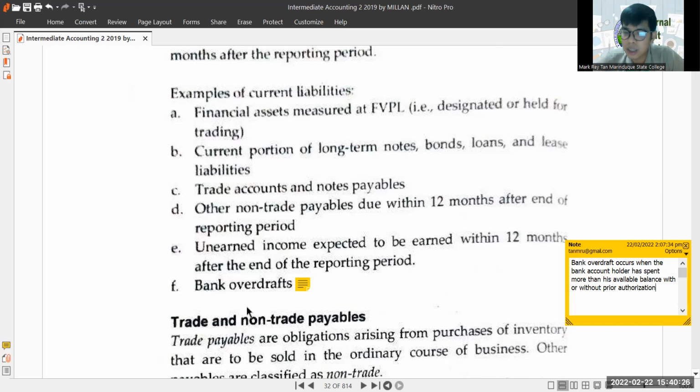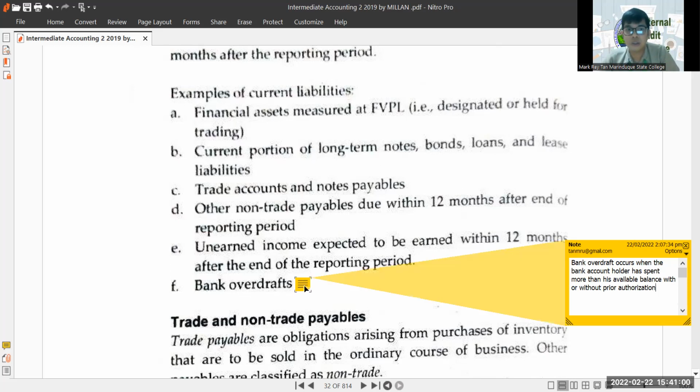And then sa mga transactions nila, nag-i-issue sila ng checks, and let's just say na ang nai-issue nila na checks amounts to 1.5 million. Ang laman lang ng kanilang bank account is 1 million lang. So ibig sabihin, may overspending sila na 500,000. So nag-succeed yung payment, pero magre-reflect yun sa kanilang bank account na meron ng credit balance. So, ang tawag doon, bank overdrafts.